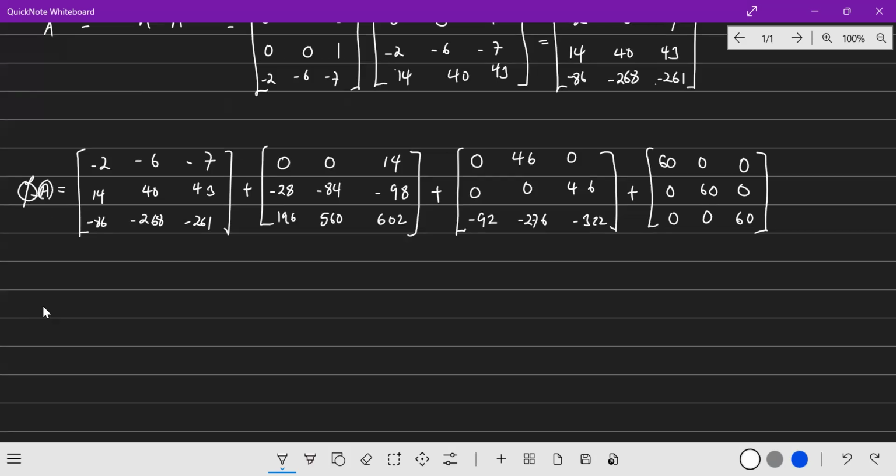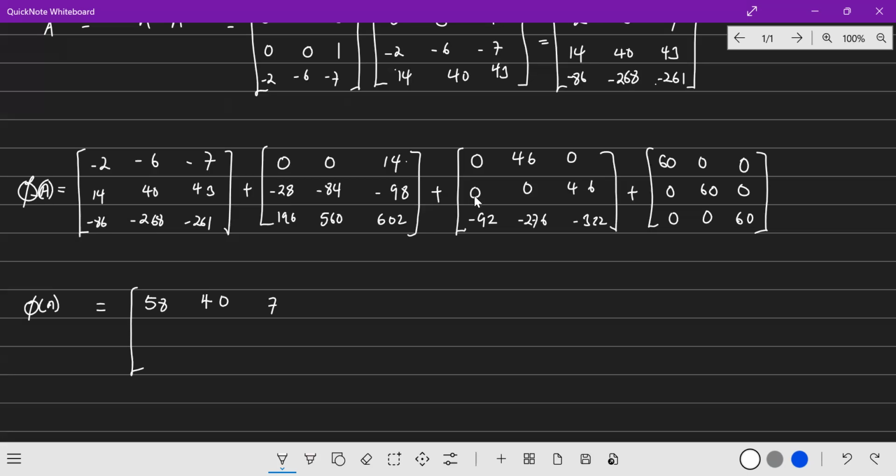So 5 of A, therefore, will be equal to, let's add each adjacent element. So negative 2 plus 0 plus 0 plus 60, that is 58, right? Negative 6 plus 0 plus 46 plus 0, that is 40, isn't it? Negative 7 plus 14 plus 0 plus 0, that is 7. 14 plus negative 28, that is negative 14, right?